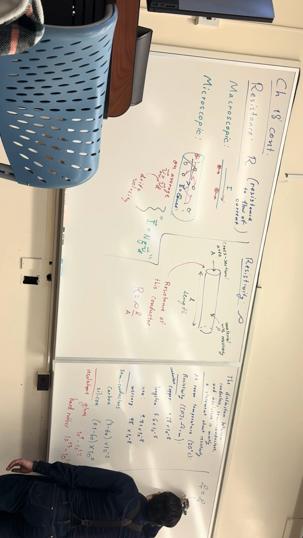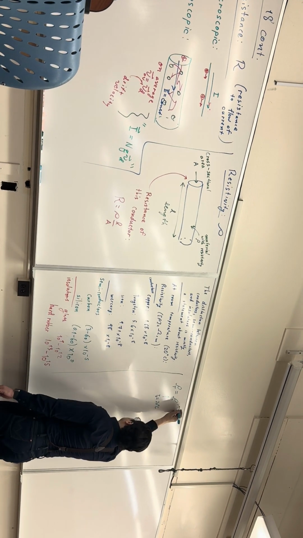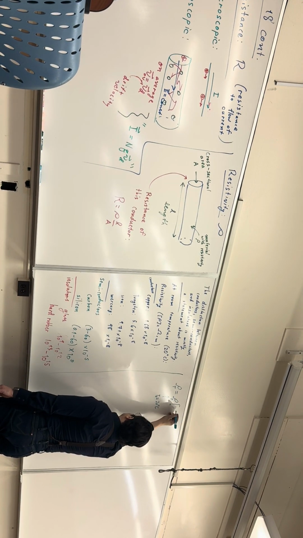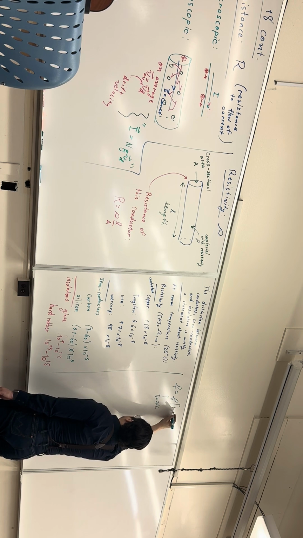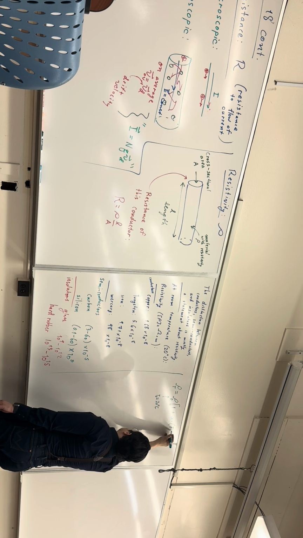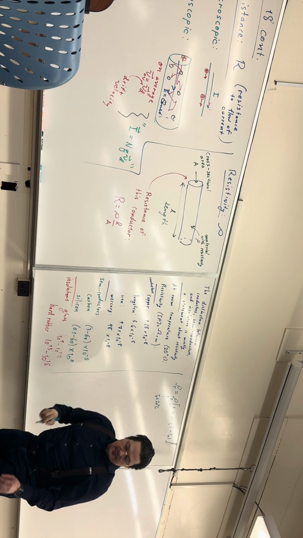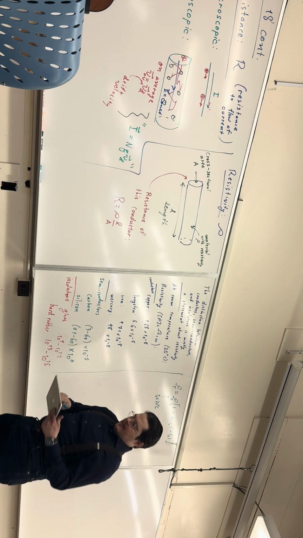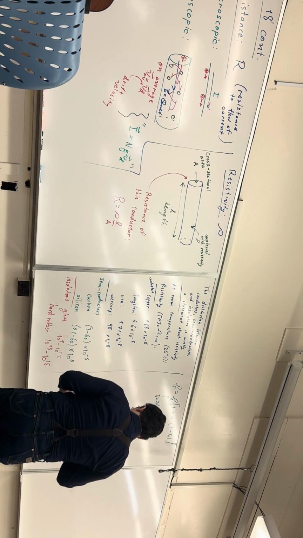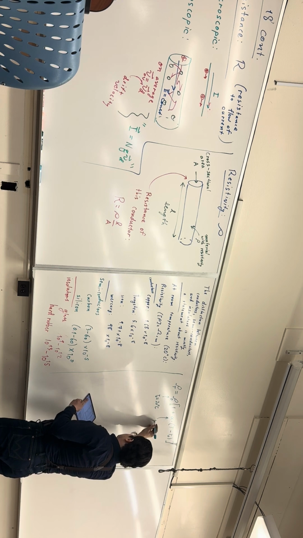Usually T0 is 20 degrees Celsius, which is about room temperature. And this is going to be 1 plus some constant alpha times the temperature difference. This is just a statement that it's approximately linear, and that alpha is called the temperature coefficient of resistivity.